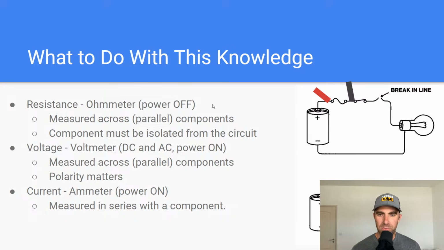So to measure resistance in the system, the aircraft power will need to be off, and you're going to be using the ohm meter setting on the multimeter. In a nutshell, what this is going to be doing is sending a small amount of current through the system that you attach the leads to.